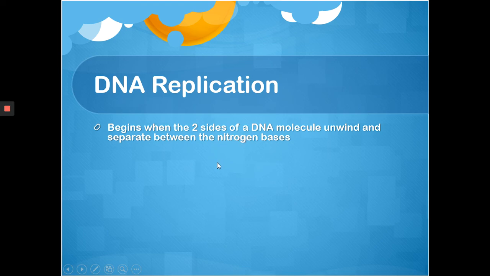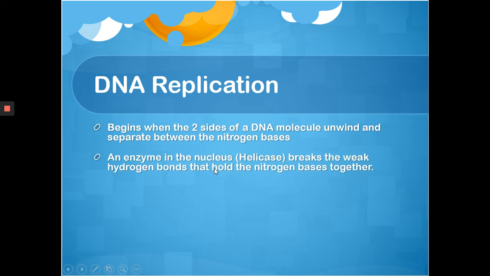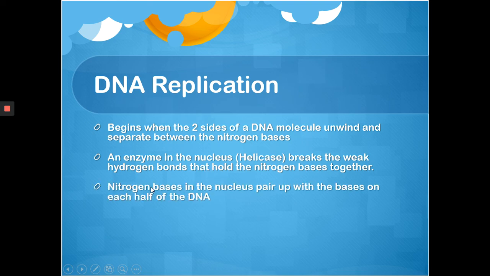And if you look over on 390 and 391, that's what this picture is showing. So the helicase breaks these weak bonds and causes the ladder to split open. So now we have these nitrogen bases that don't have a side. The ladder has been ripped in half.